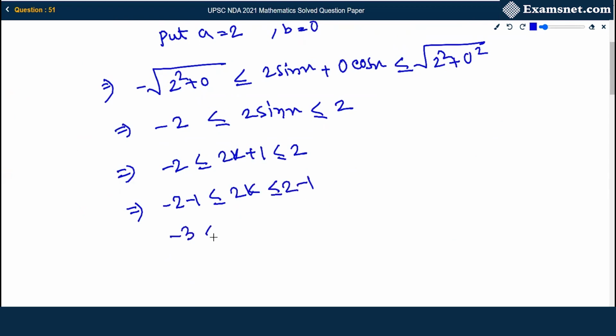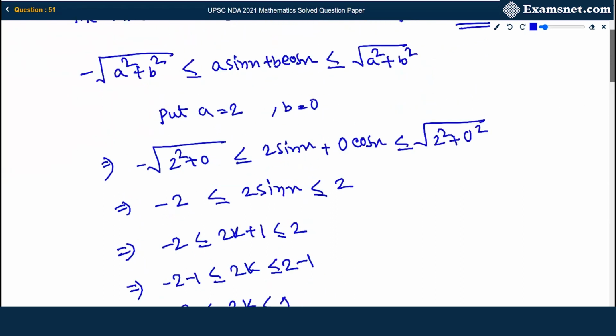So it becomes minus 3 less than or equal to 2k less than or equal to 1. To make k alone, we will divide the whole expression by 2. So it becomes minus 1.5 less than or equal to k less than or equal to 0.5. So that means the value of k lies between minus 1.5 and 0.5, right?